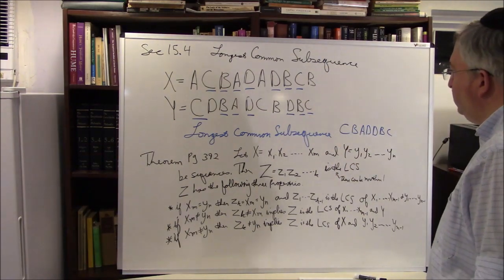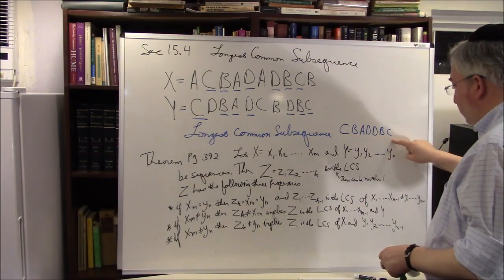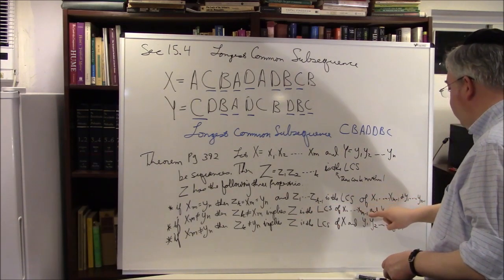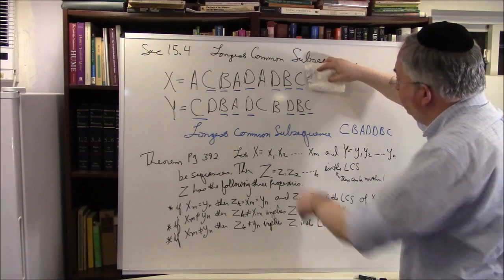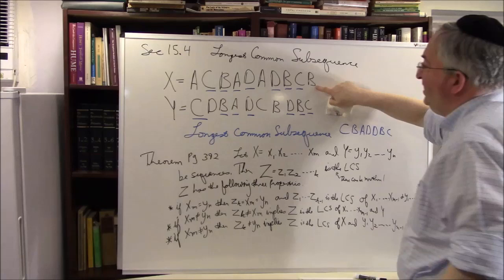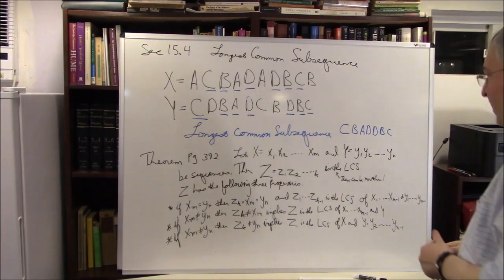What we're saying is that Z is the longest common subsequence of X_1 through X_m and Y, so this last letter didn't add anything to the longest common subsequence. Okay, great.